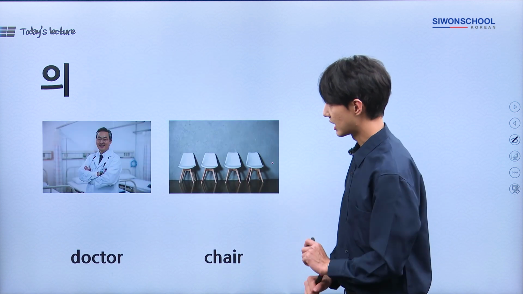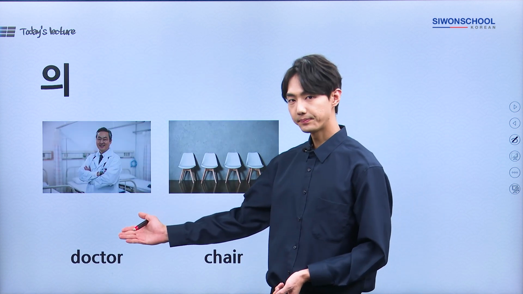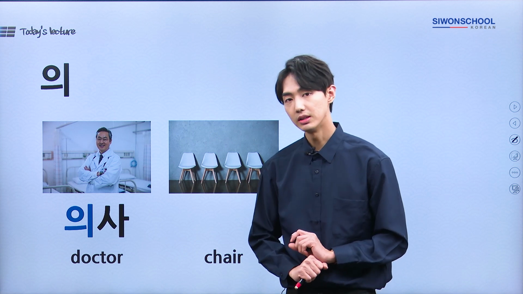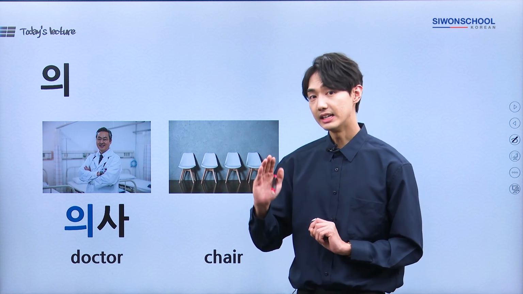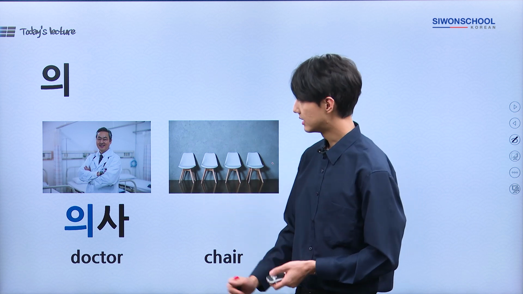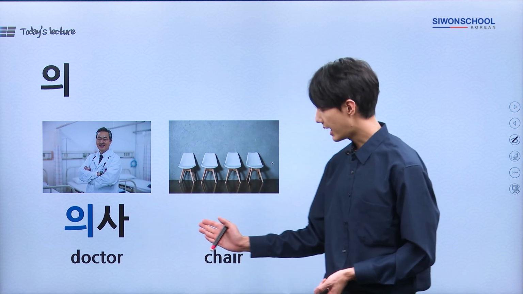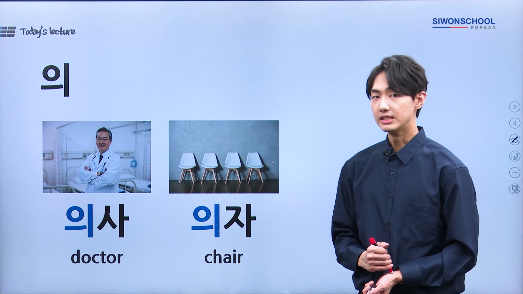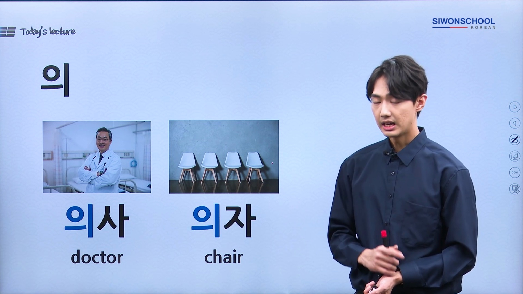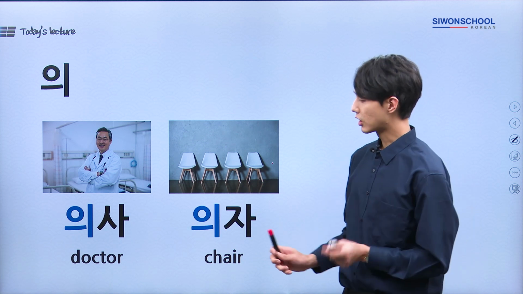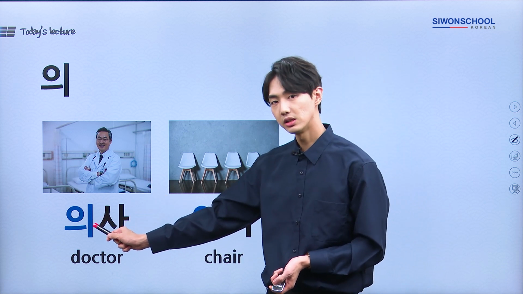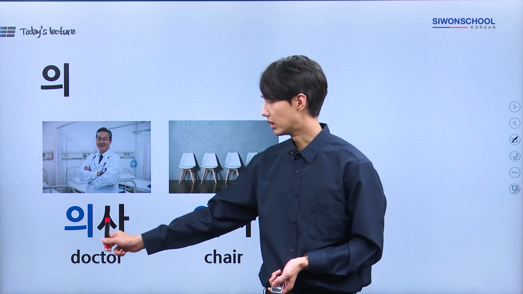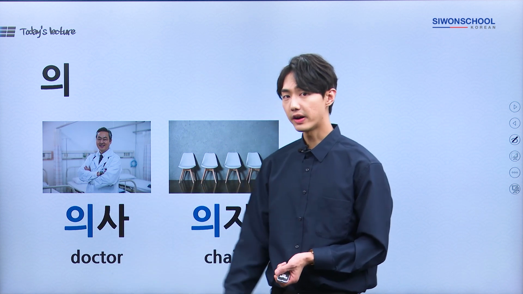Okay? Let's check out some words. So it's what? Doctor is called 의사. Okay? 의사. Okay? So 의사. And chair is called 의자. You probably always get confused between 의사 and 의자 because you focus on the word that comes first.